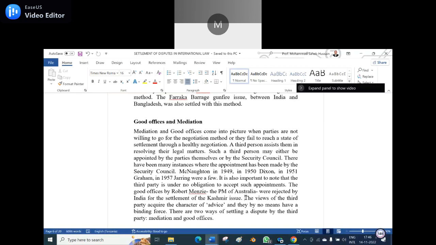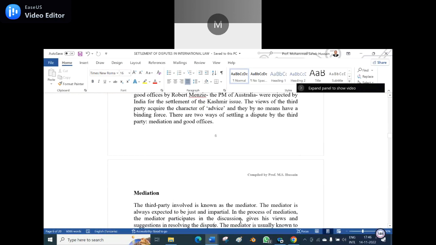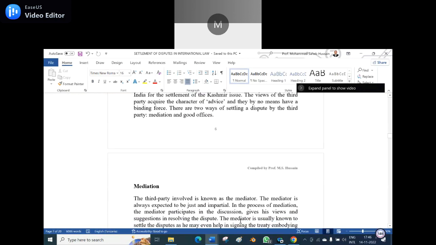There are two ways of settling a dispute by a third party, that is number one, mediation and good offices. The third party can mediate or he can use the good offices and see that things go in the right direction.